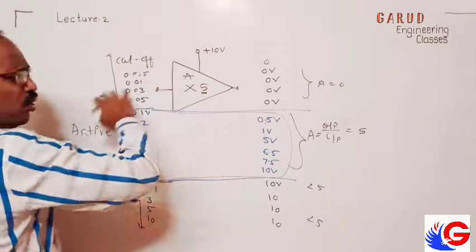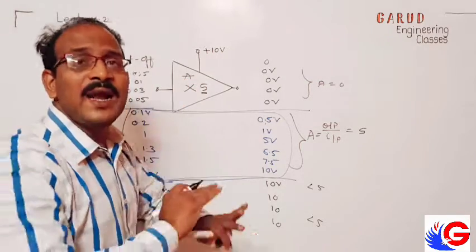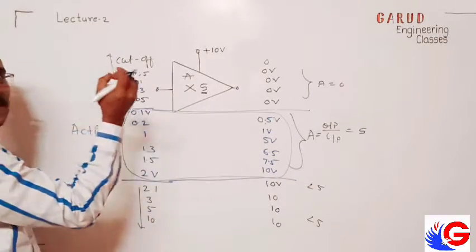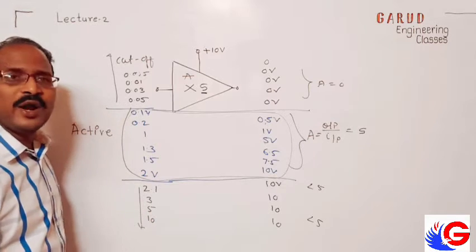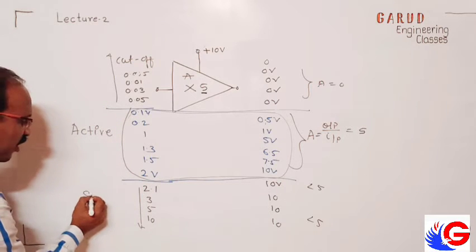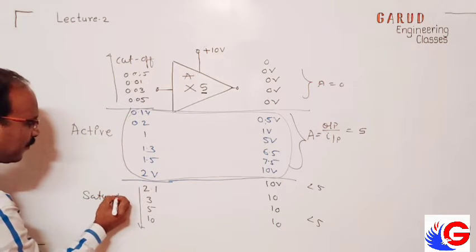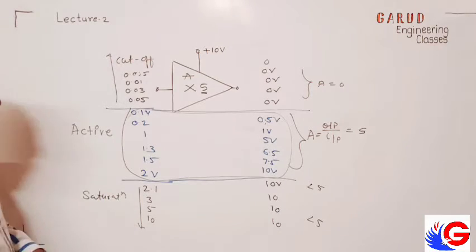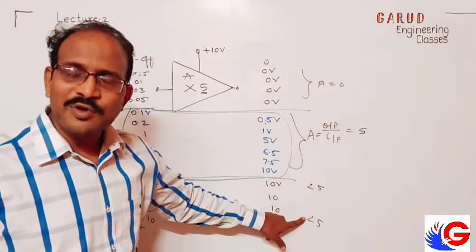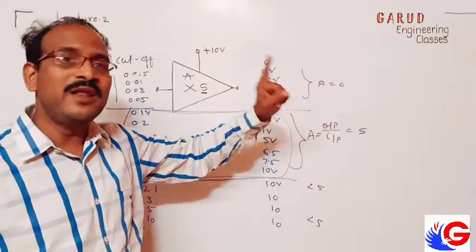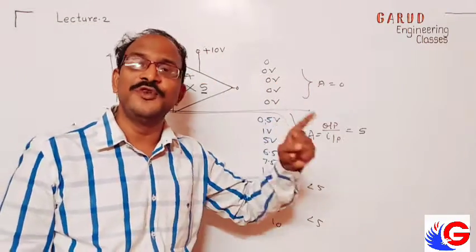Cutoff means it is not reacting at all. Here it is giving proper output. This is saturated, it's overloaded. This particular region is called the saturation region. Got it? Is the amplification factor formula valid in saturation? No. Valid in cutoff? No. It is valid in the active region only.